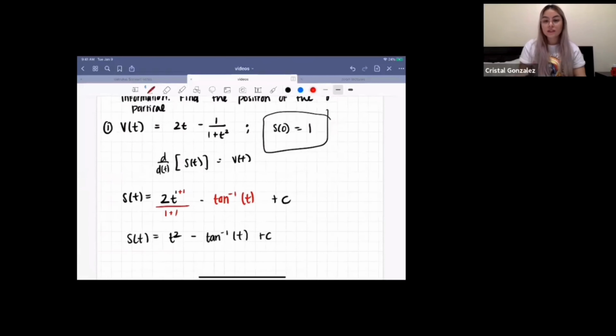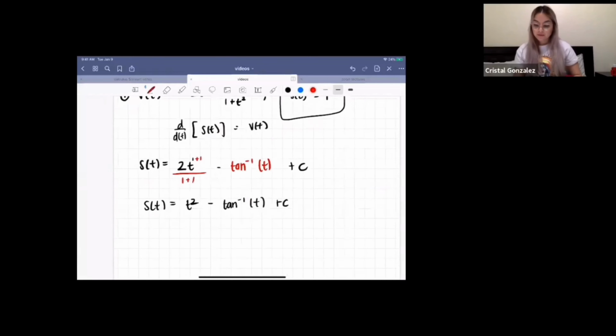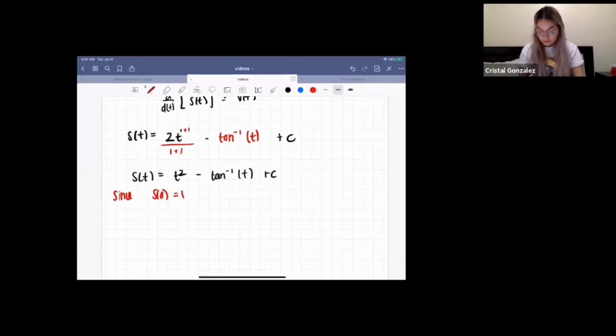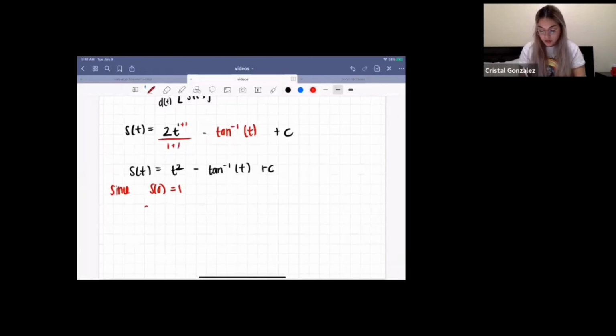Let's see what happens. They told us that S of 0 is equal to 1. So since S of 0 equals 1, if I do S of 0, that's going to be 0 squared minus inverse tangent of 0 plus C. But they told us that S of 0 equals 1, so I can go ahead and replace this with my 1, because that equals 1.